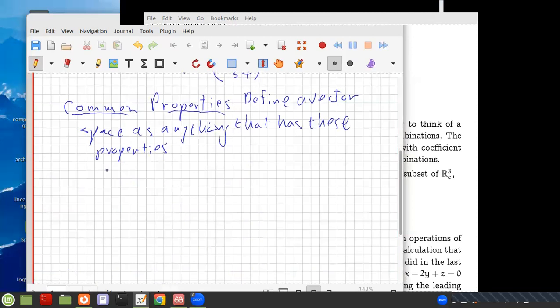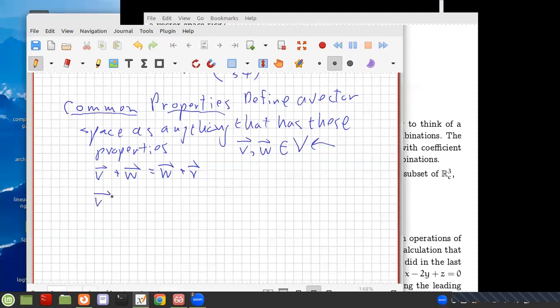The crucial ones are that if I have v and w as elements of some set V, so this is set membership, I have two objects in this set, and here are the properties that have to hold. We have to be able to turn around, a commutative property: v plus w equals w plus v, the order shouldn't matter.